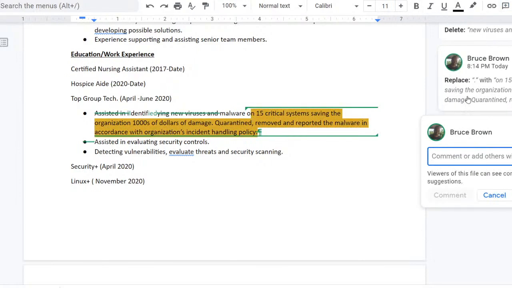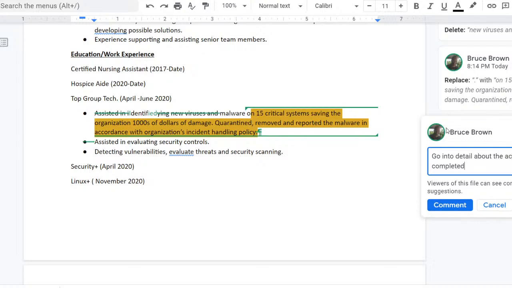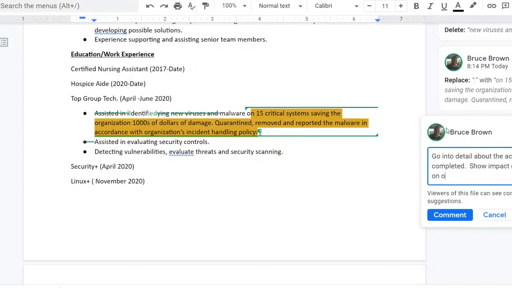What I'm trying to do is go into detail about the action completed, and then show the impact of the action on the organization.